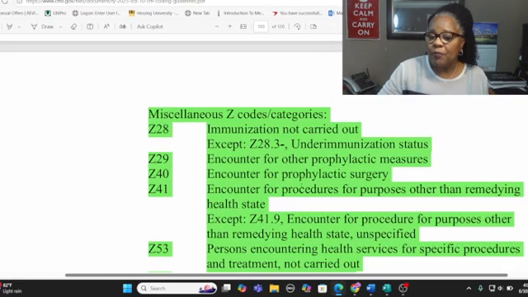Z40, encounter for prophylactic surgery. Z41, encounter for procedures for purposes other than remedying health state, except Z41.9, which is encounter for procedure for purposes other than remedying health state unspecified. Z53, person encountering health services for specific procedures and treatment not carried out.